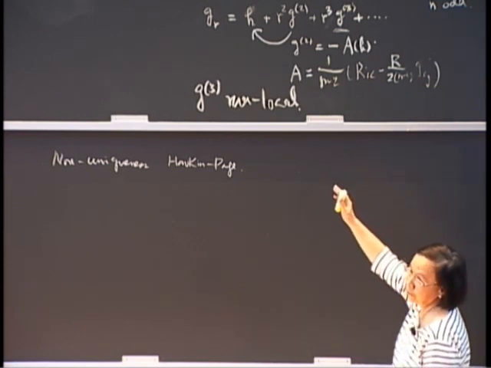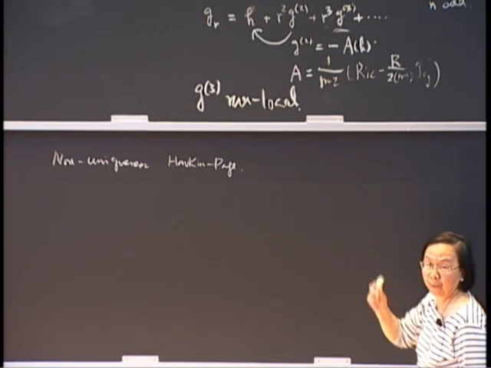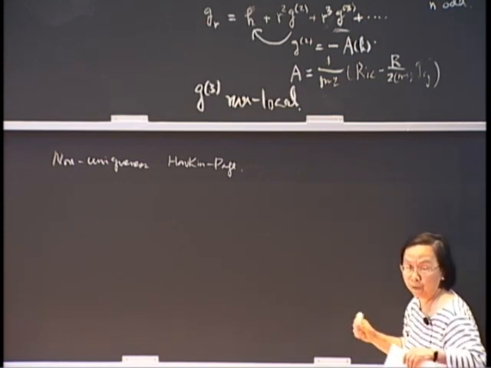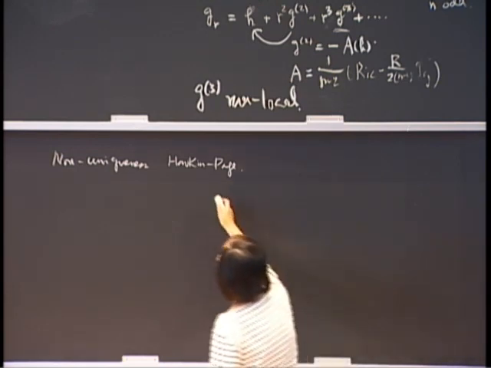The H is the same, but G3 is different, and they correspond to different Poincare-Einstein metrics. Okay. Non-uniqueness of the way to fill in.